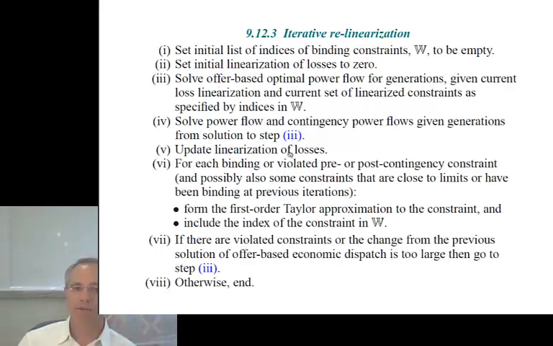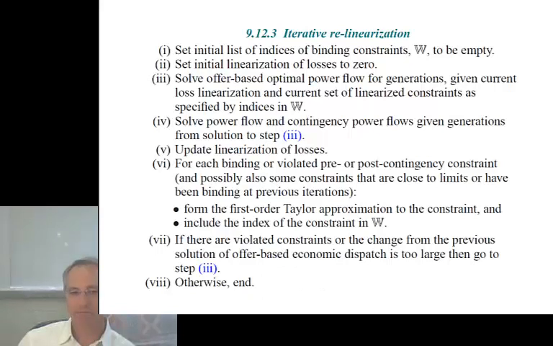We update the linearization of losses. For each binding or violated pre-contingency constraint or post-contingency constraint, and maybe even some constraints that are close to limits, we form the first-order Taylor approximation to the constraint in terms of the generations and include the index of the constraint in our working set W. If there are violated constraints or there's a change from the previous solution, we then go back to step 3 with our updated set of constraints.